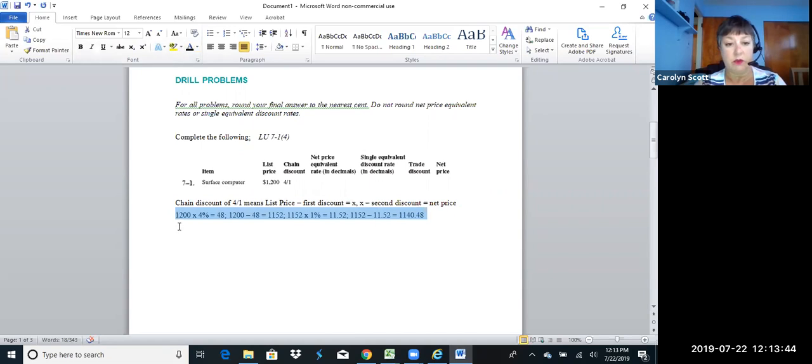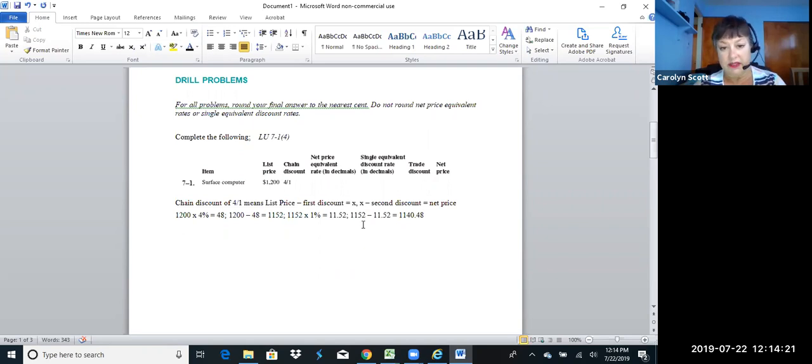So we take our $1,200 that we paid for the Surface computer times 4%, which equals 48. And I'm doing this the long way just so you know exactly how to do it. And then we take that $1,200 and we subtract the 48, which represents the 4%, and we're left with a balance of 1,152. So then we take that 1,152 and we figure out what 1% of that is, and it's $11.52.